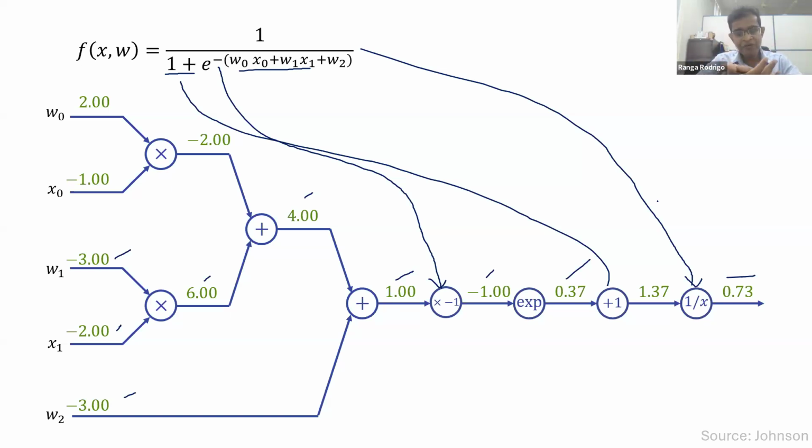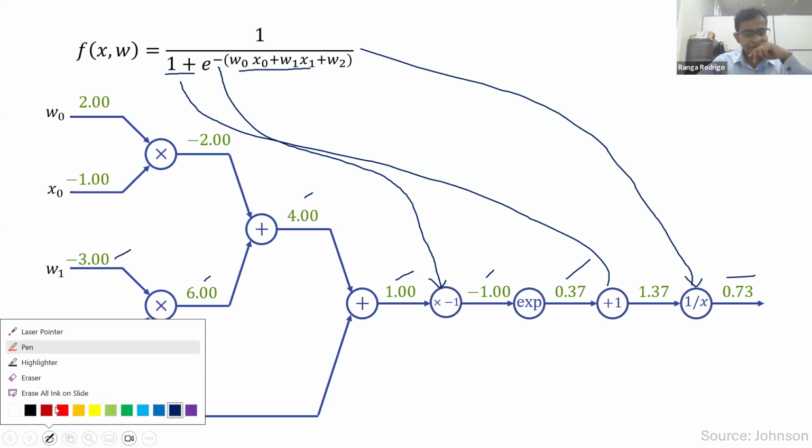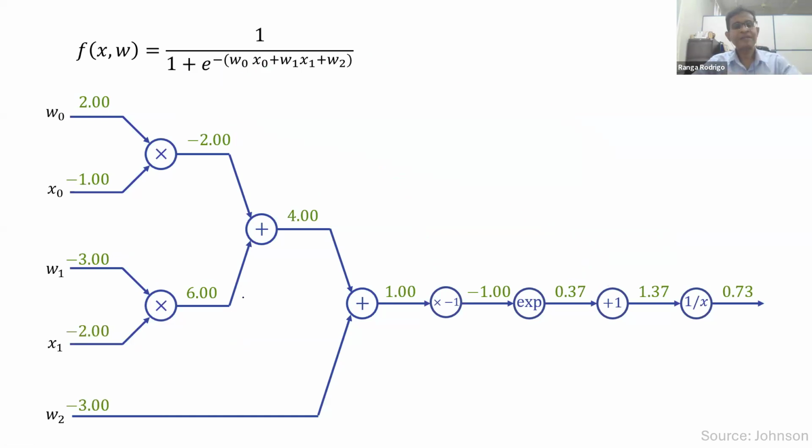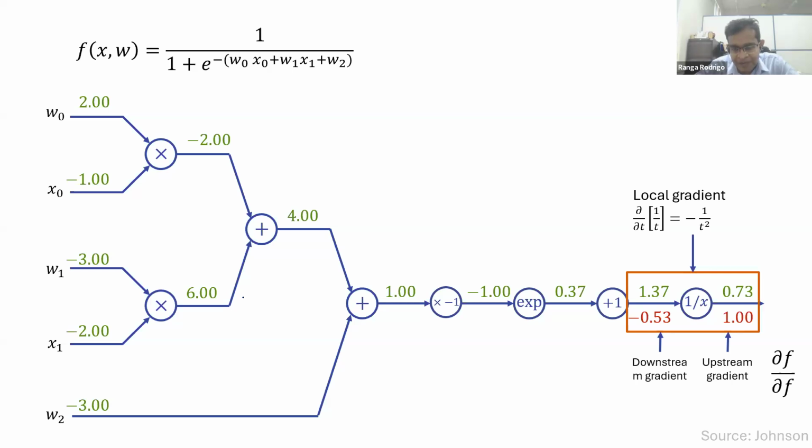Then we have to do the back propagation. It is easy. So let's consider that the partial derivative of f with respect to f is 1. Then how do we compute this? So 1 over x. What is the local gradient of that? If you consider this 1 over t, it's 1 over x is like 1 over t, right?